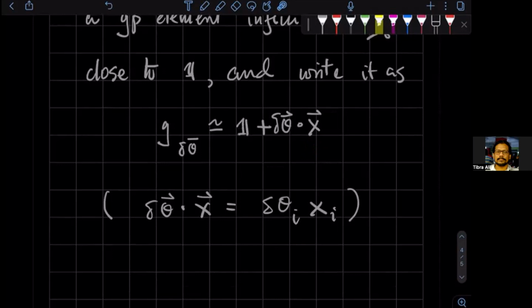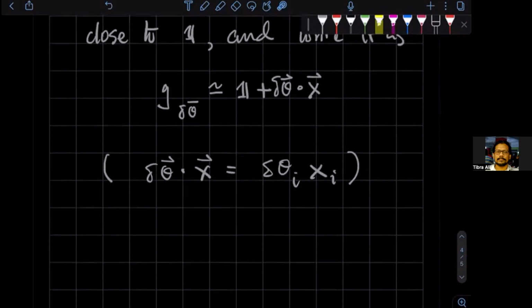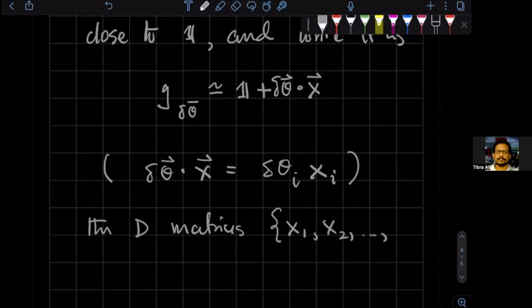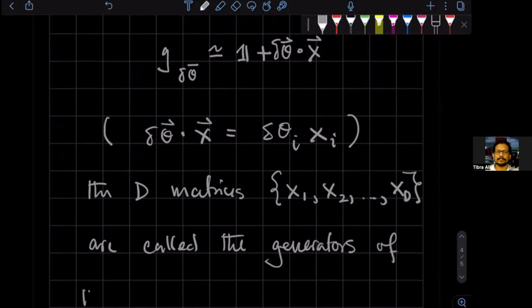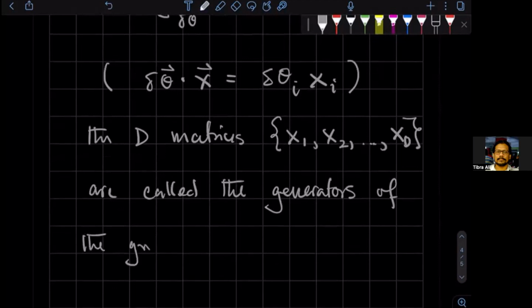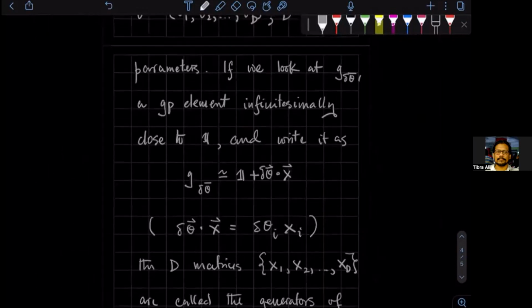If you write the infinitesimal element in this form, then the D matrices given by x_1, x_2, ..., x_D are called the generators of the group G. Is this clear?